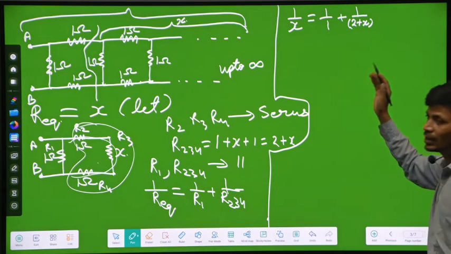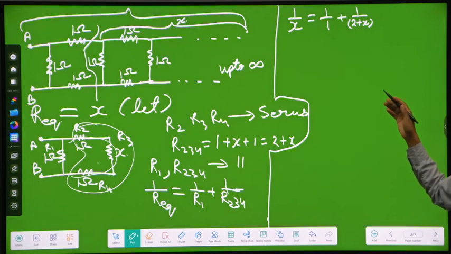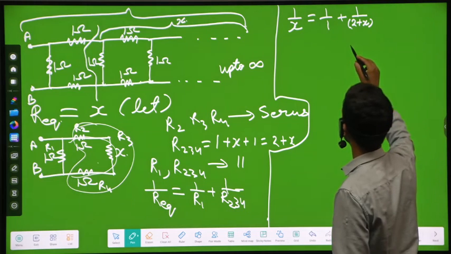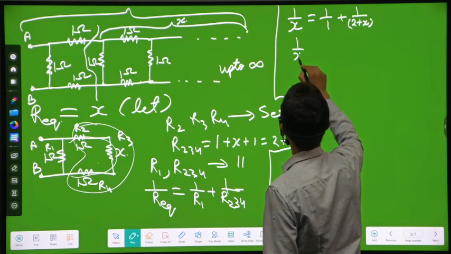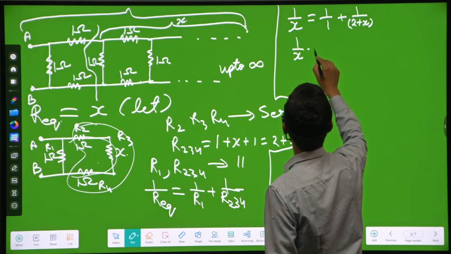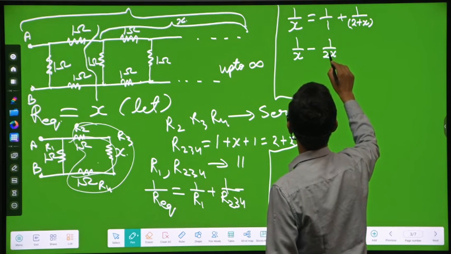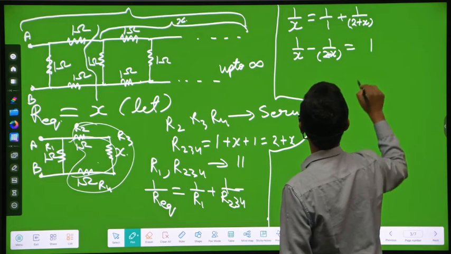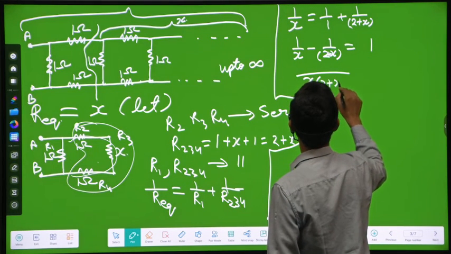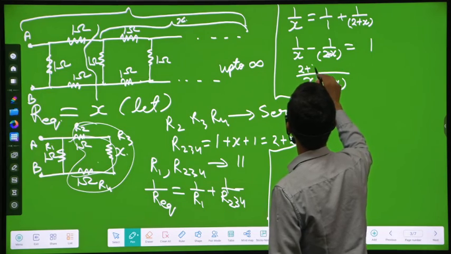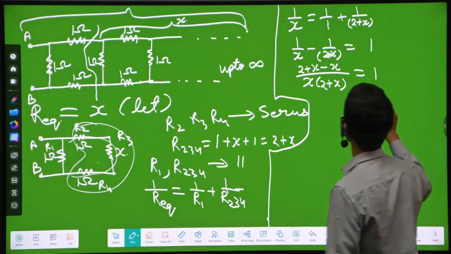Now this is going to be a quadratic equation. So we'll take it this side: 1 by x minus 1 by 2 plus x equal to 1, so x times 2 plus x, and 2 plus x minus x equal to 1.